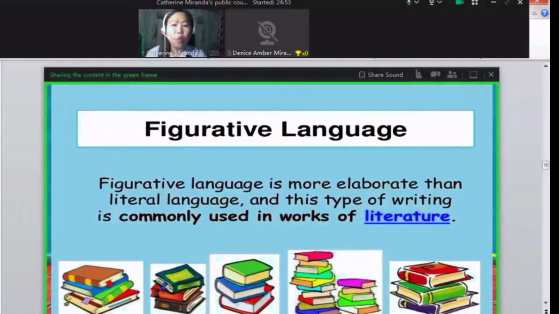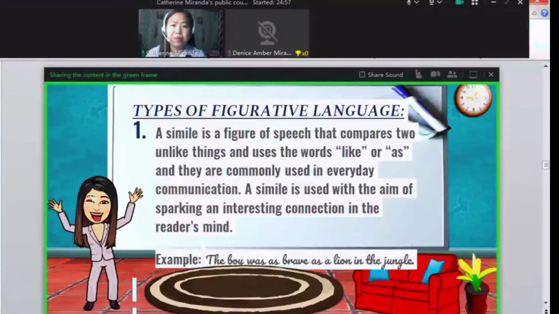Now, what are the types of figurative language that can be used in our statements? First, we have the simile. It is a figure of speech that compares two unlike things or objects and makes use of the words like or as in our statements. It is used with the aim of sparking the interest of our readers. An example is the statement below, which says, "The boy was as brave as a lion in the jungle."